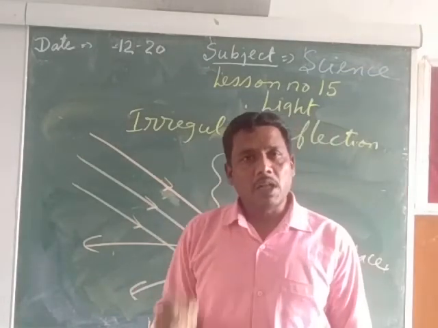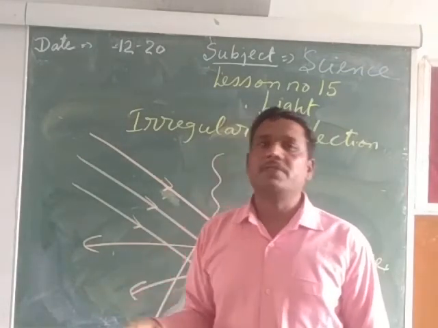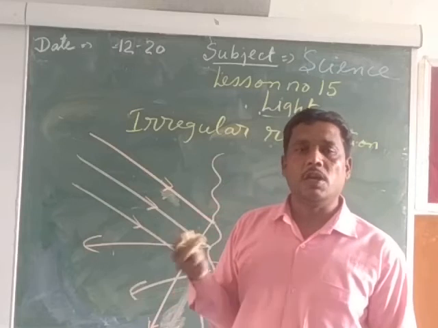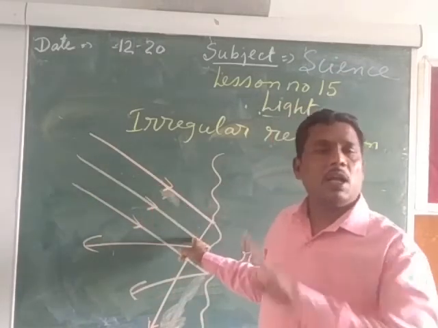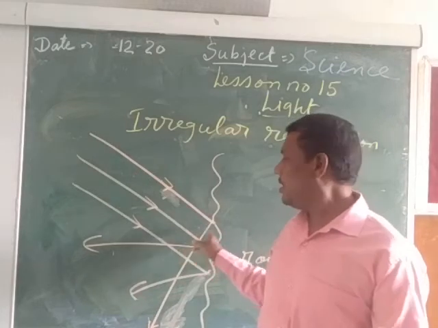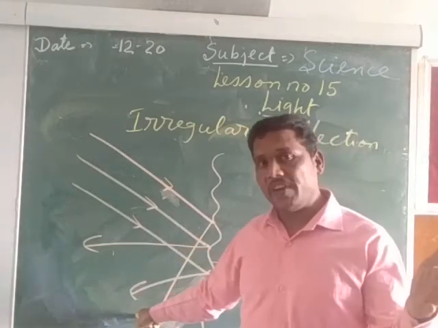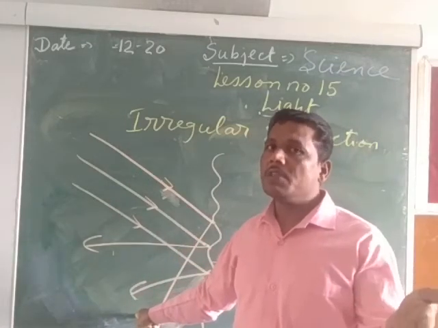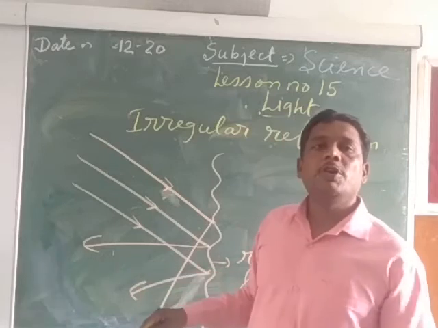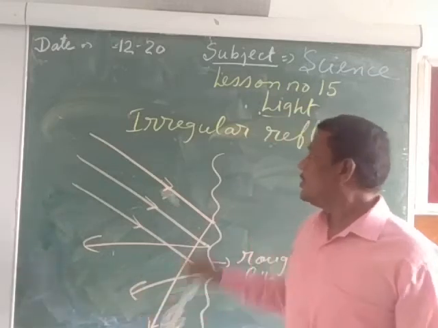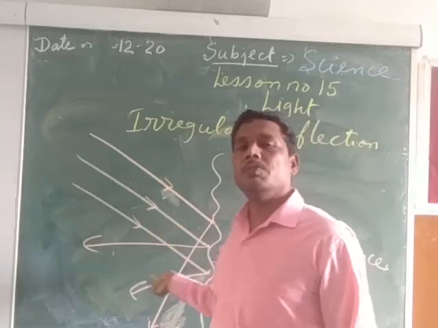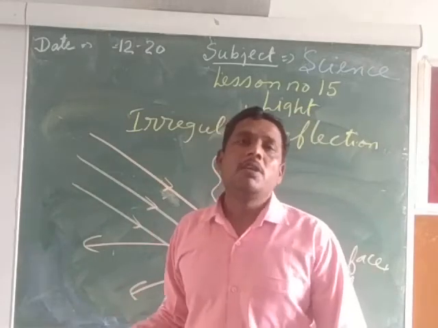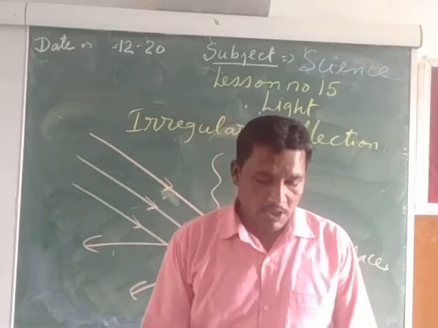So see, what is irregular reflection? When the light is falling on the rough surface like the wall, like the stone or like the ground, the light is never going with the same angle, but the light is going with a different angle. When the light is going with a different angle, the image of the object is not formed. Irregular reflection is also called the diffuse reflection.